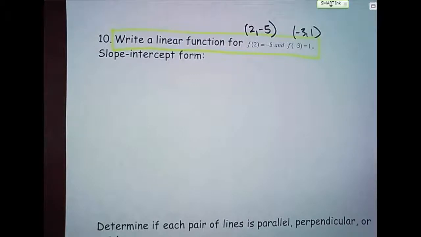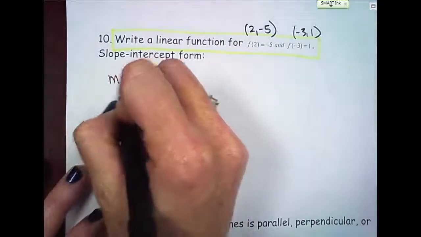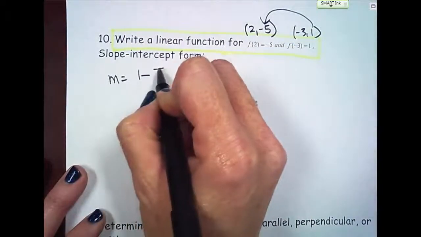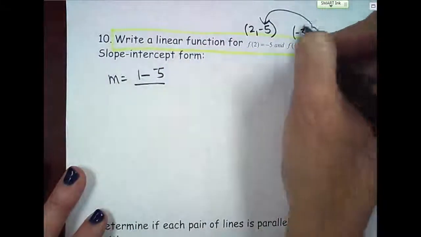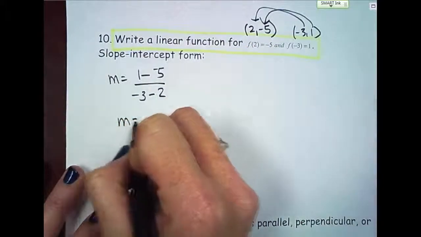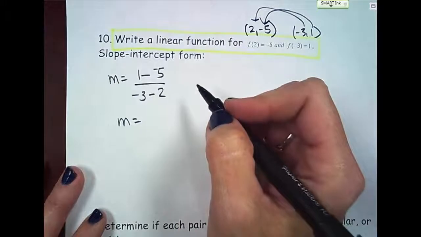Okay, so slope-intercept, we don't have an intercept, so we need to find a slope. M equals, let me go this way, 1 minus negative 5 over negative 3 minus 2. So the slope is, watch your signs.